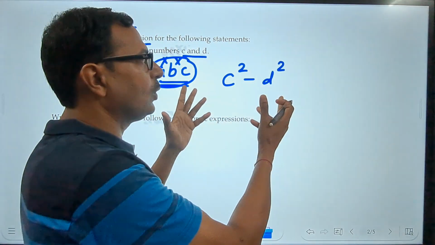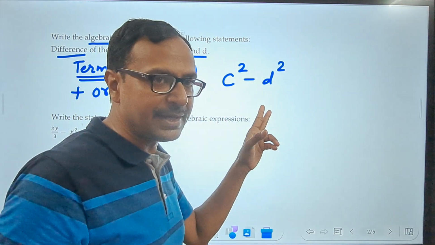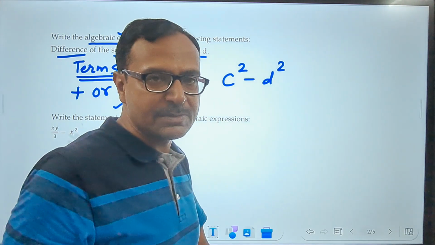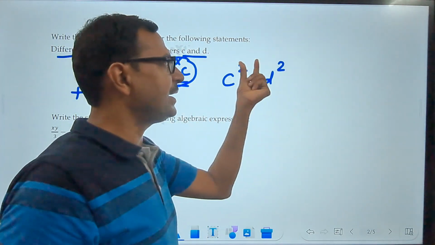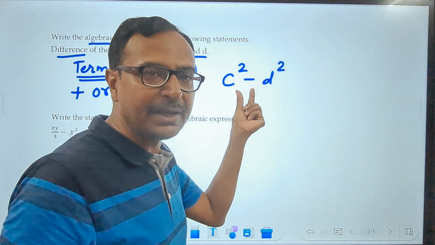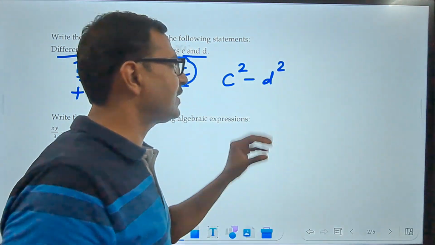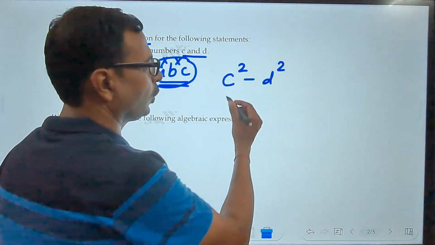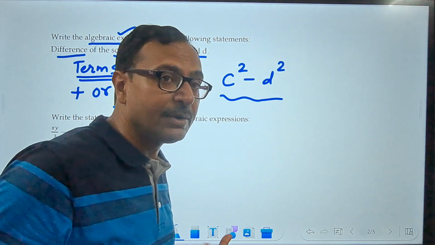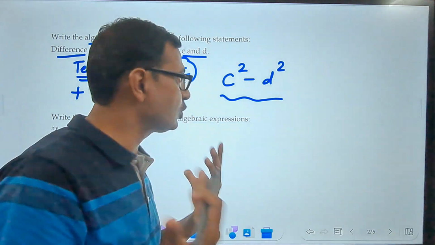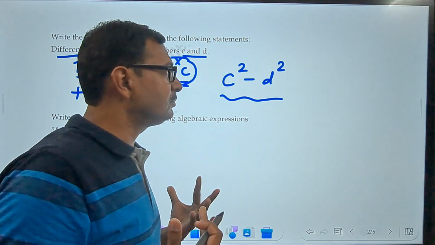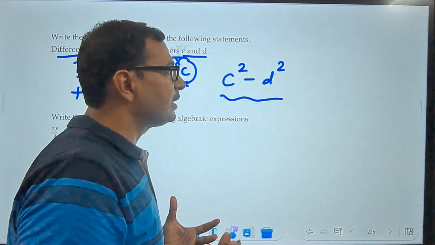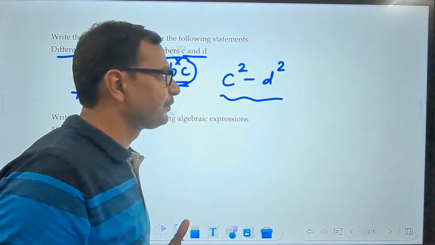So now you already know how many terms this expression contains. It contains two terms because we have a C square and a D square, and they are separated by a negative sign. That's very important to note here, that you should be very clear about how many terms are there in an expression.